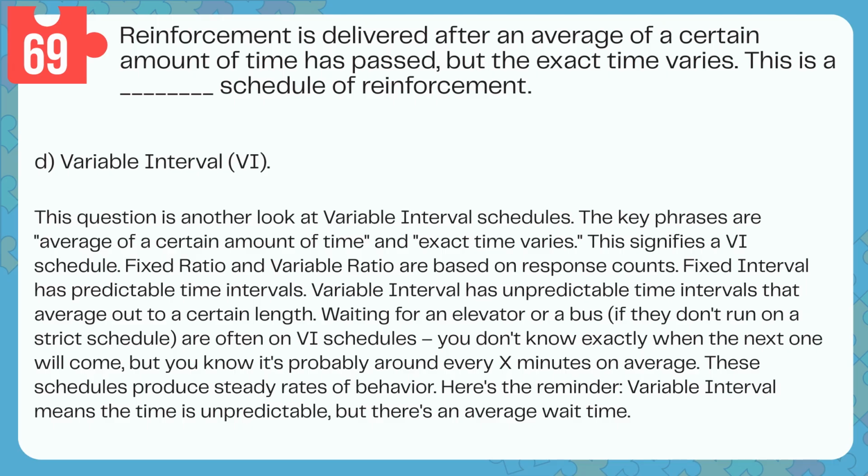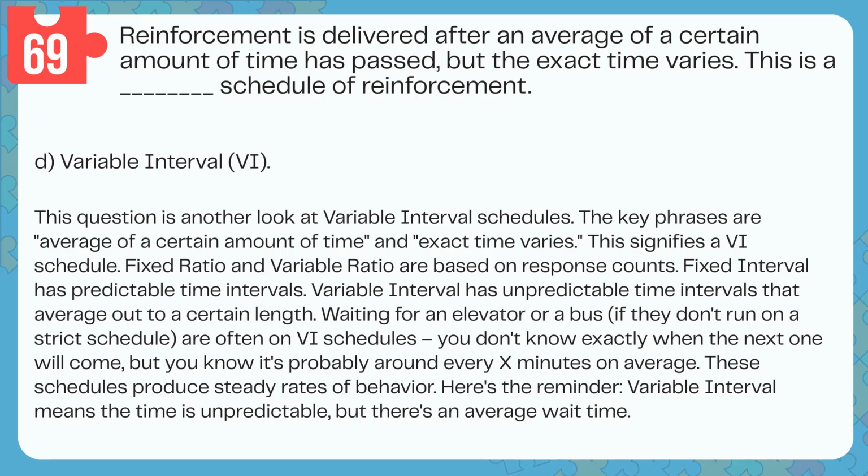This question is another look at variable interval schedules. The key phrases are average of a certain amount of time and exact time varies. This signifies a VI schedule. Fixed ratio and variable ratio are based on response counts. Fixed interval has predictable time intervals. Variable interval has unpredictable time intervals that average out to a certain length.